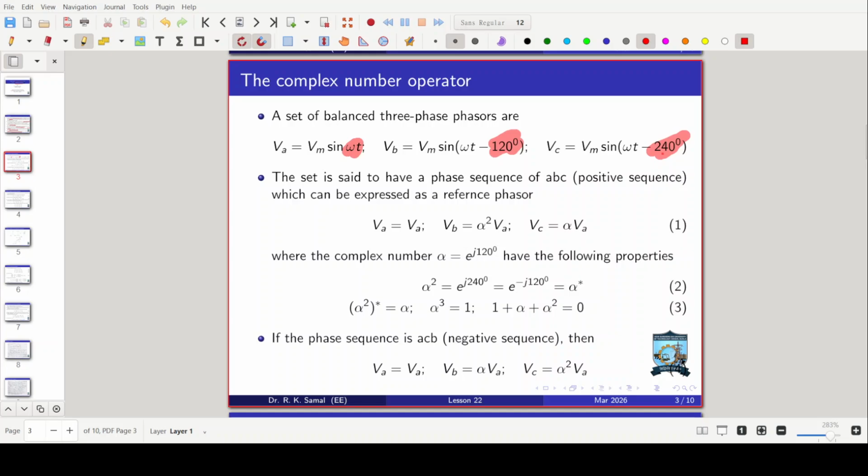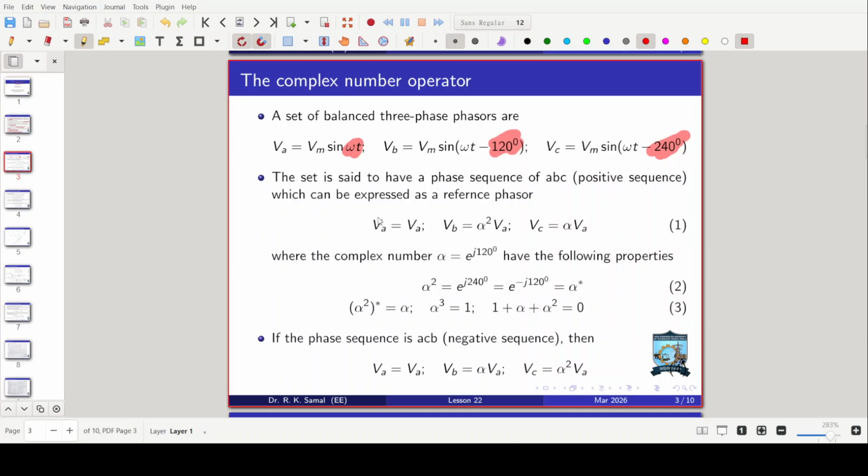Okay, as you can see here, 0, 120, 240. The set is said to have a phase sequence of ABC. So this is an ABC phase sequence. We can also have an ACB phase sequence. Phase sequence matters here because accordingly the positive, negative and zero sequences will be determined.